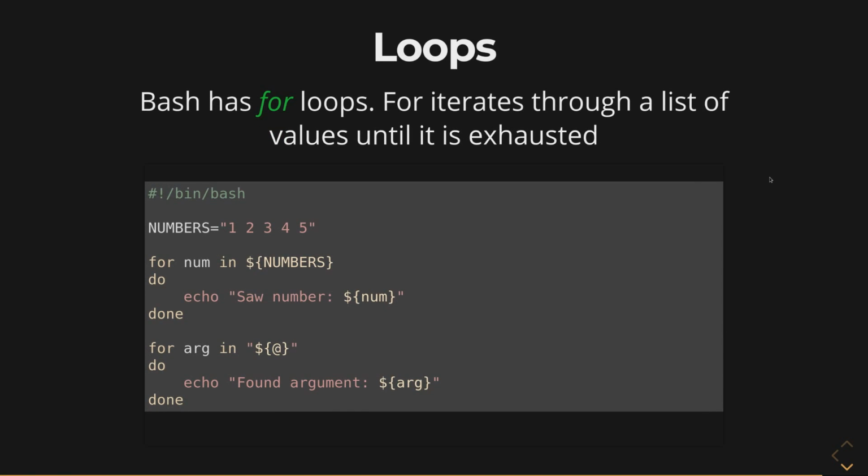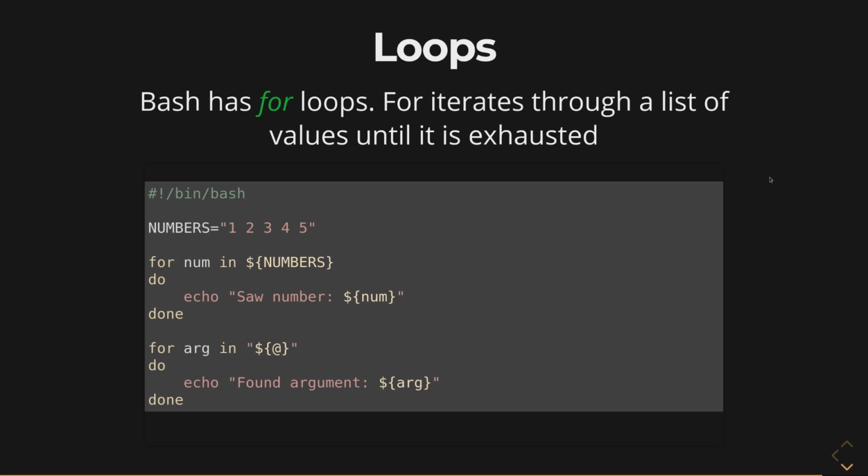Now for for loops, they exist as well. And the syntax is, as you can see on the slide, for variable name in list of numbers or list of whatever, do. And then inside that clause you can refer to whatever instance of the variable as the name you gave it.